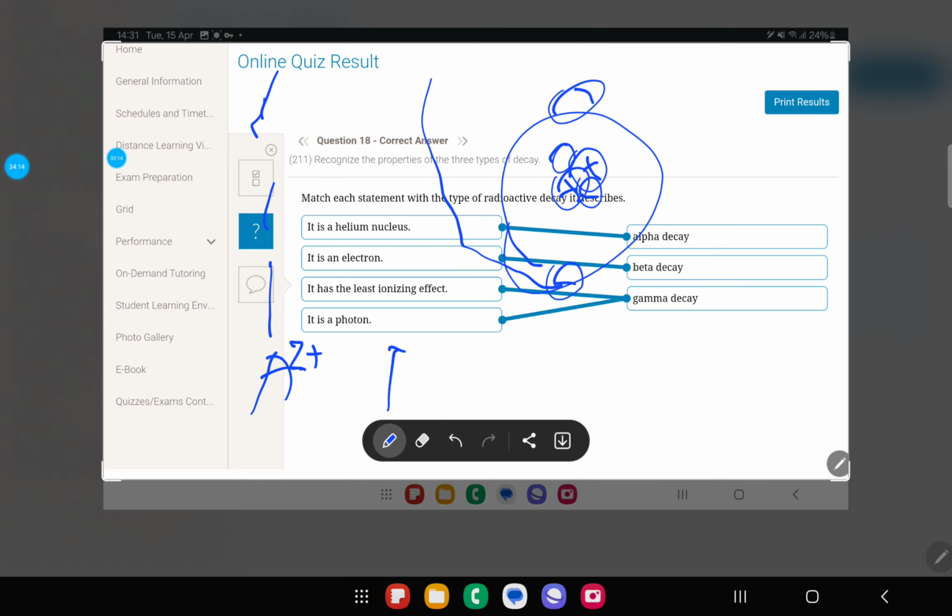Now, for beta, it's basically the median. It's between alpha and gamma in rates of ionization. It has to be a bit closer, but still doesn't have to touch it immediately. Beta is negatively charged.